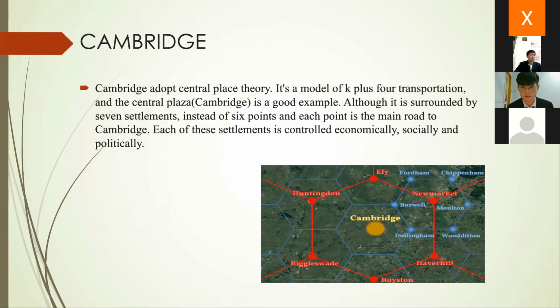It's a model of K equals 4 for transportation, and the central place is a good example. Although it is surrounded by 7 settlements instead of 6 points, each point is the main route to Cambridge. Each of these settlements is controlled economically, socially, and politically.